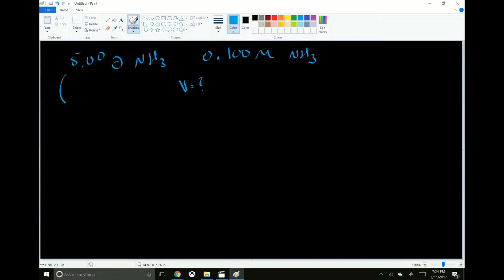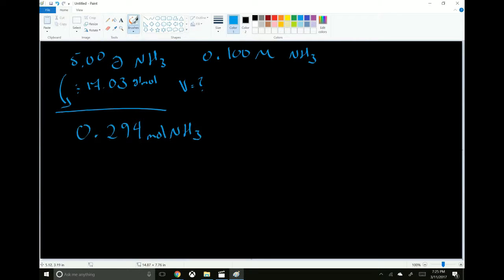And first, you convert to moles. All roads lead to mole. So you divide by 17.03 grams per mole. That gets you 0.294 moles of ammonia.